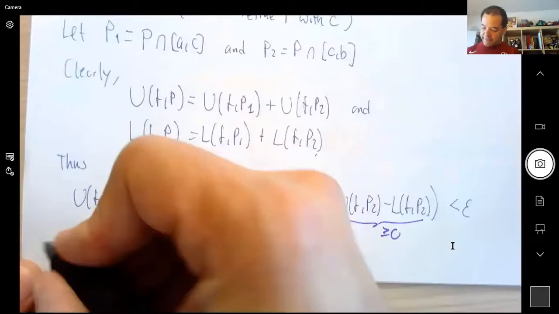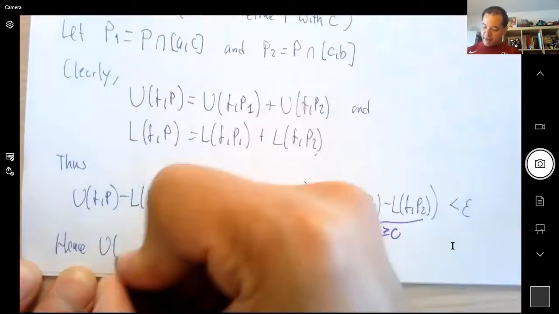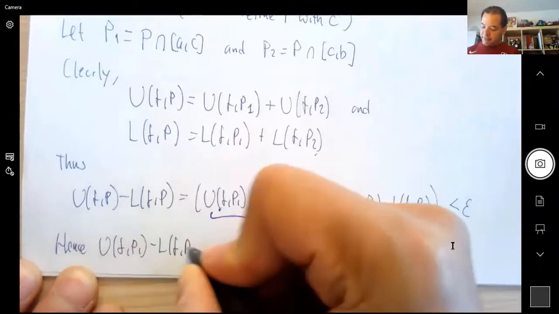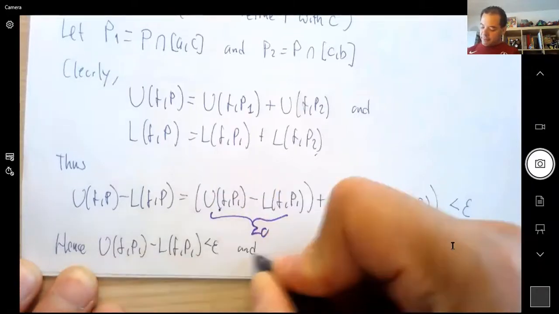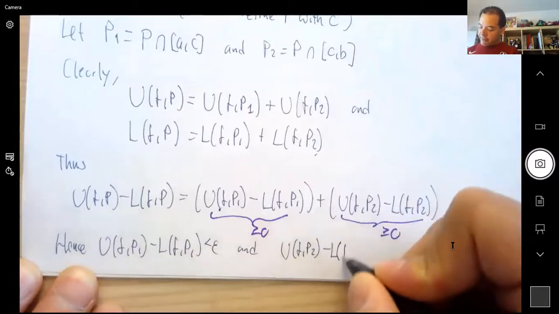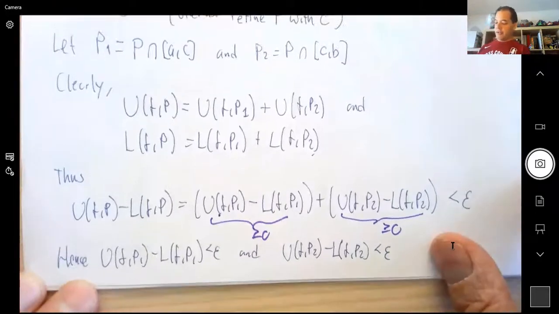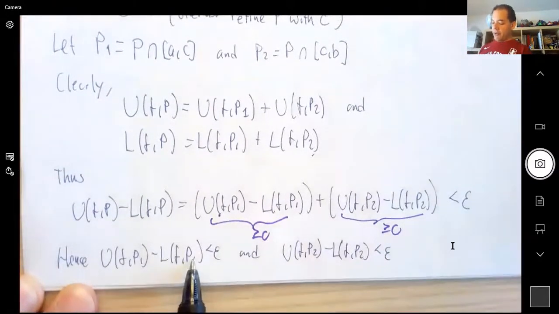So hence, U of f, P1 minus L of f, P1 is less than epsilon, and the same for P2. So I am done, right? By the integrability criterion, I find partitions P1 of AC and P2 of CB such that these differences are less than epsilon.